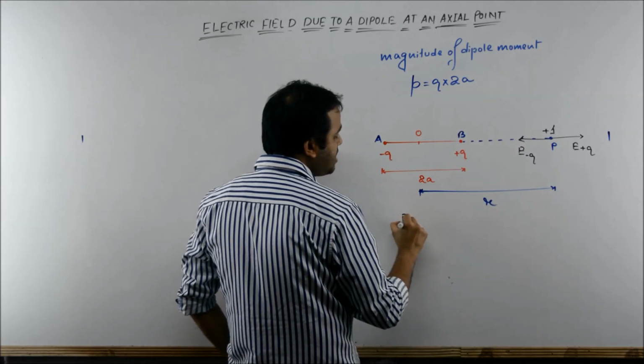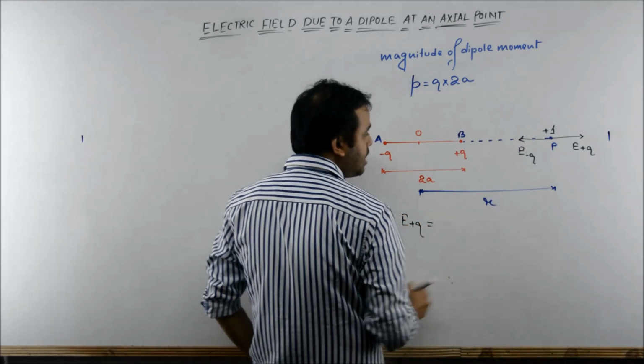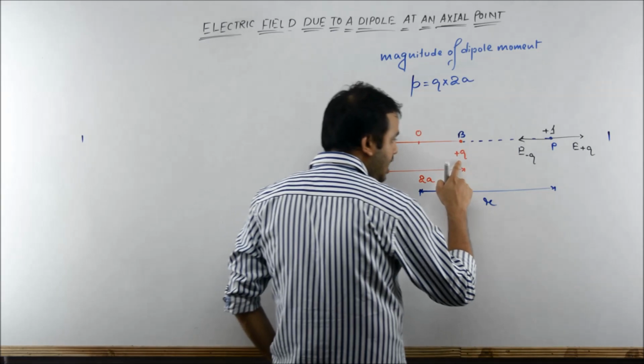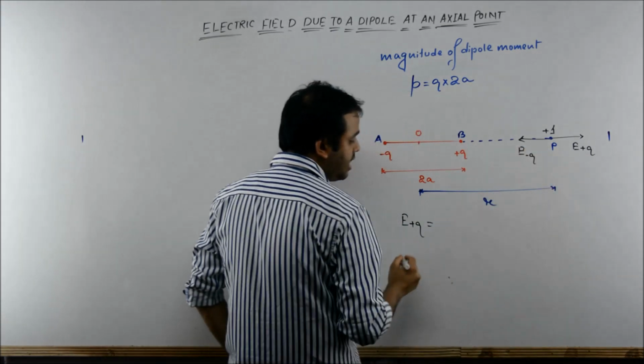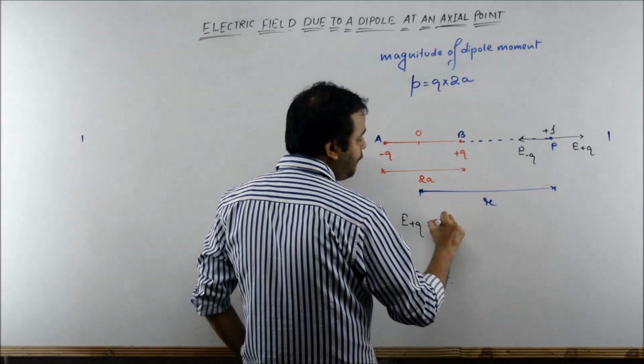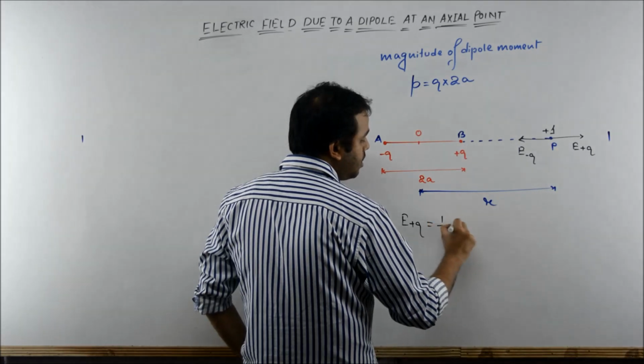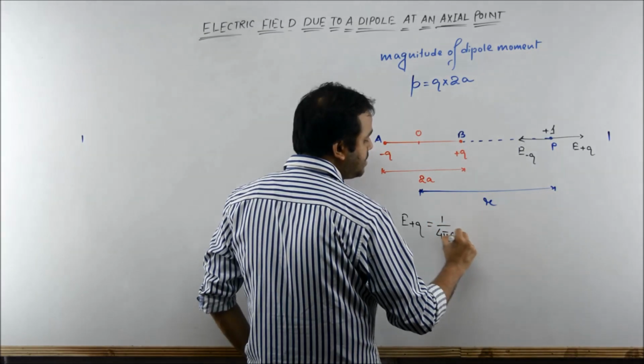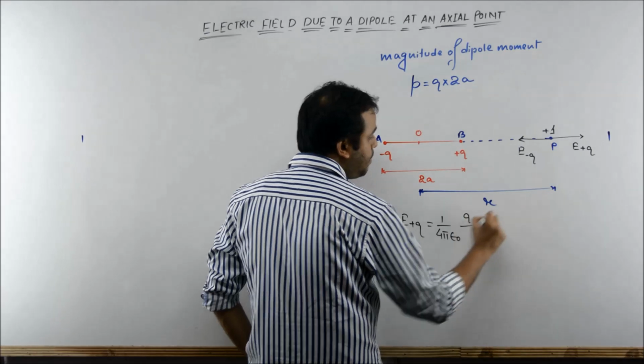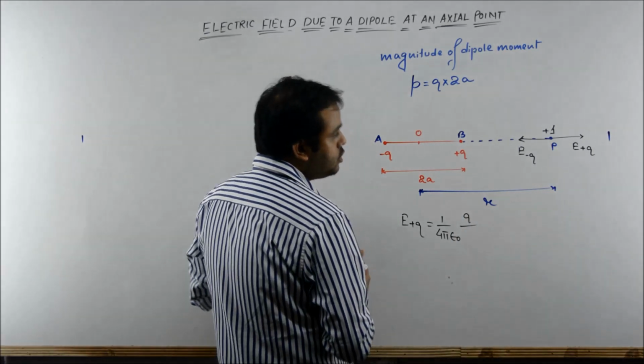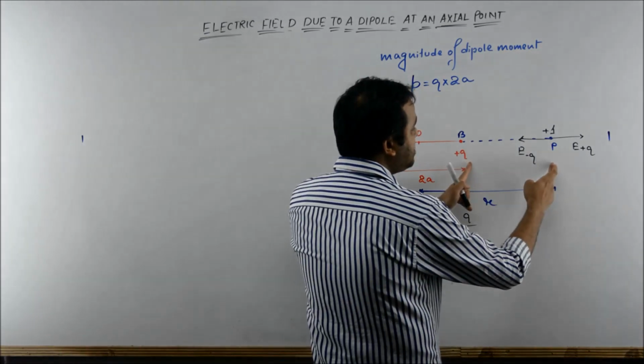So E plus q, that means electric field due to this charge at this point, is equal to 1 by 4 pi epsilon naught, charge by distance square. Now what is this distance?